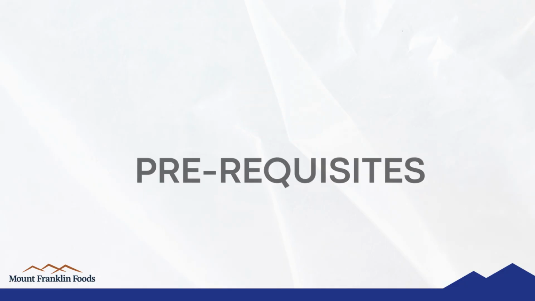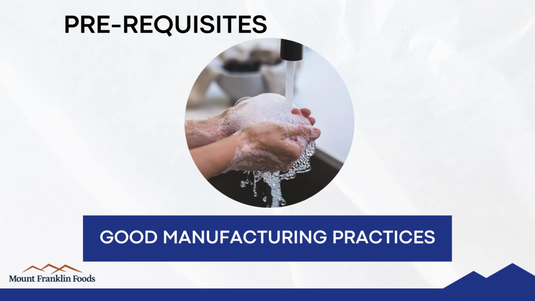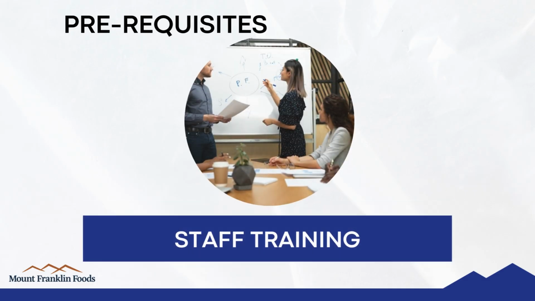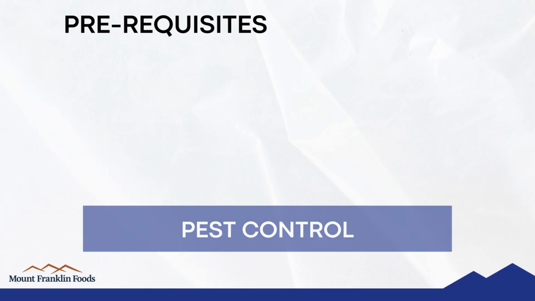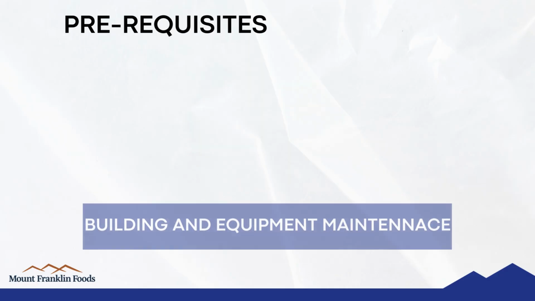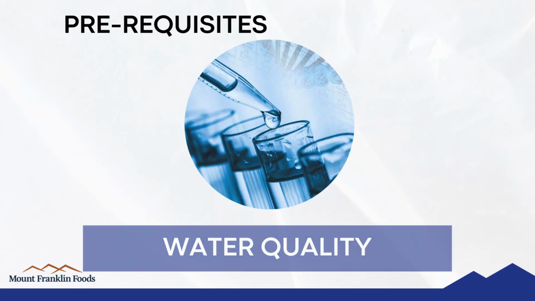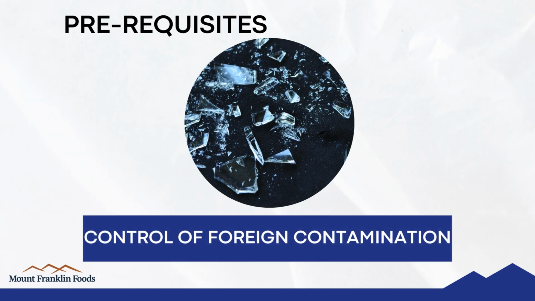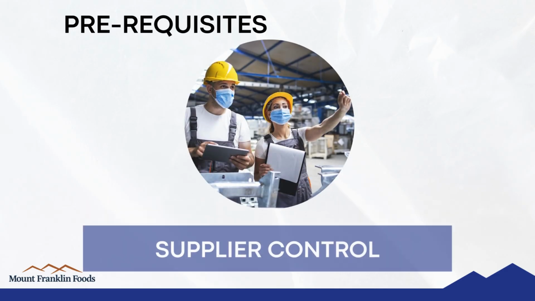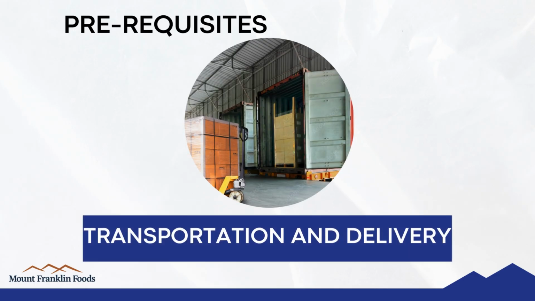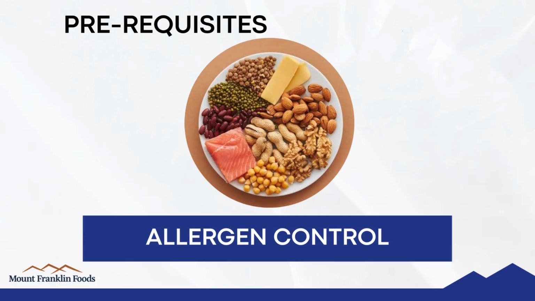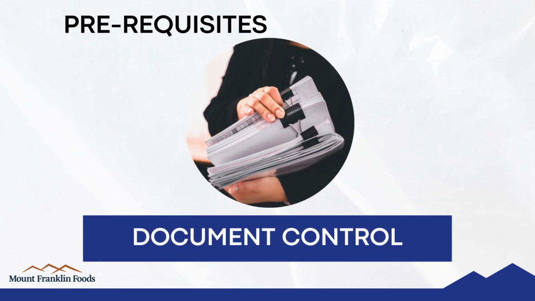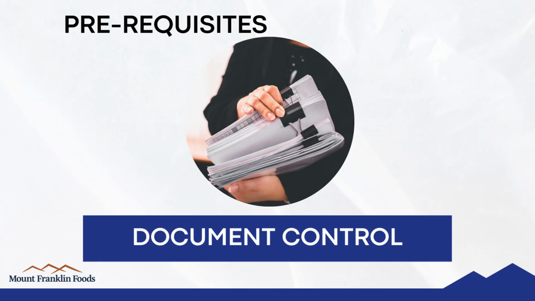Some of the processes are the good manufacturing practices, staff training, equipment calibration, pest control processes, building and equipment maintenance, cleansing and sanitation, water quality, control of foreign contamination, supplier control, transportation and delivery, waste control, allergen control, and document control. This is not the complete list and only names some of the processes and programs we use.